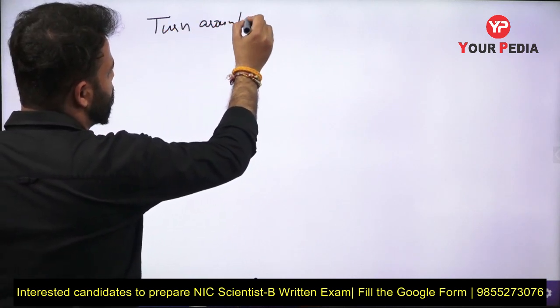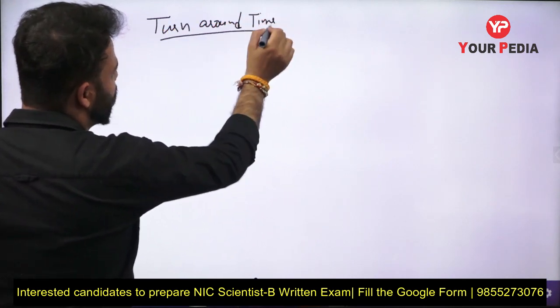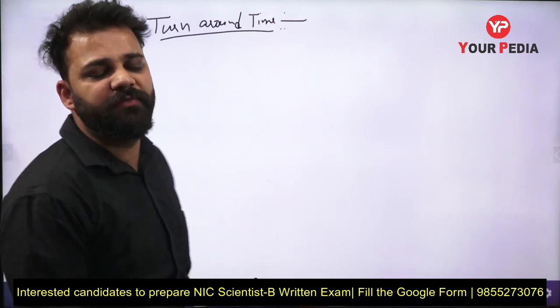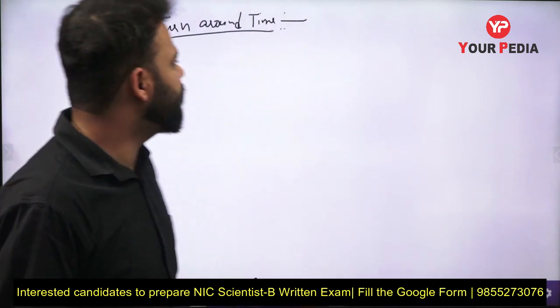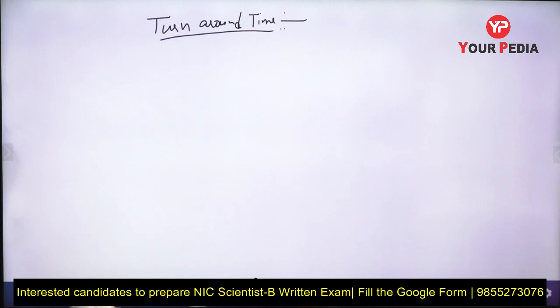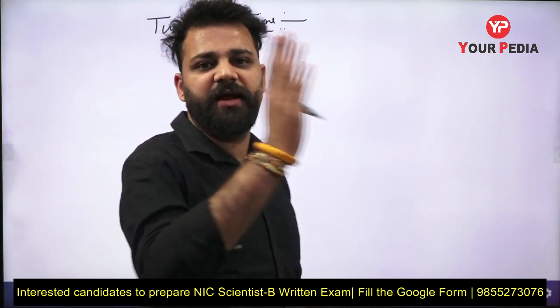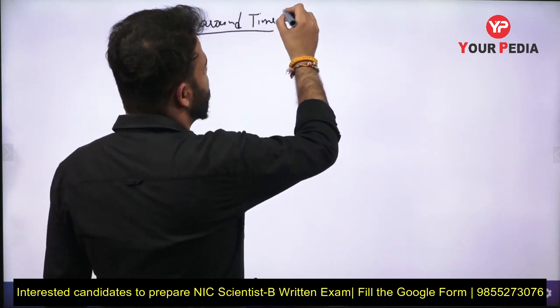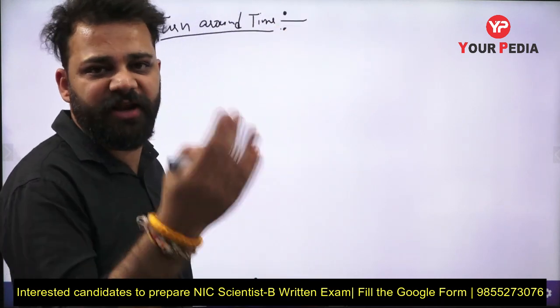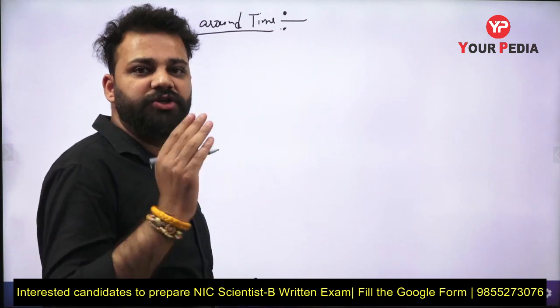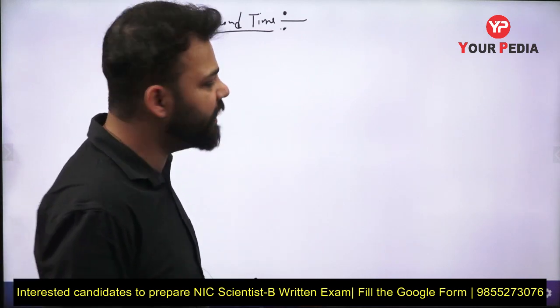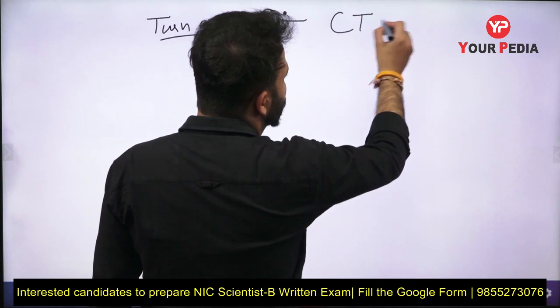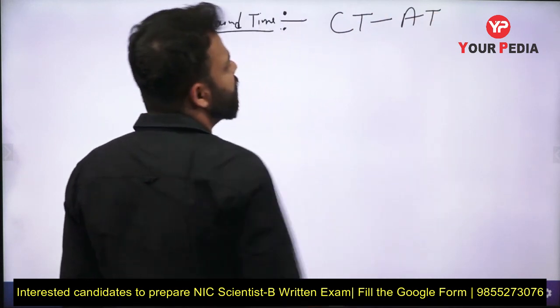In most of the questions, turnaround time will be asked from you. The job will enter the CPU at arrival time and will leave the CPU at completion time. So turnaround time is nothing but completion time minus arrival time.